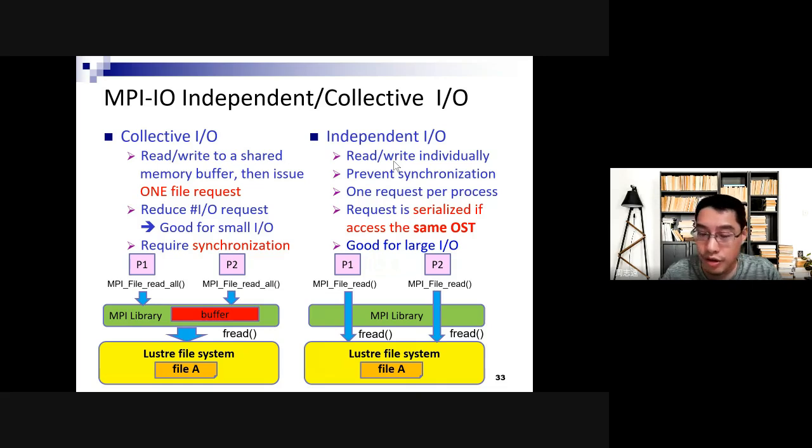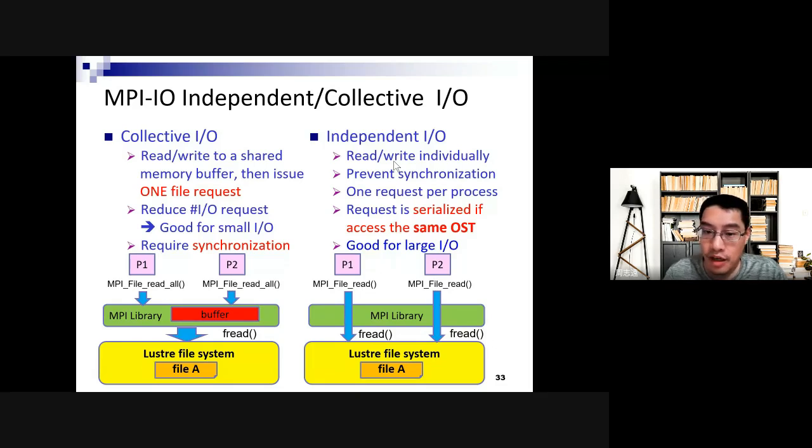In principle, the partitions they read and write should not overlap, because if you write to the same place, then you have a data consistency issue. So when programmers decide the region they are going to write, they need to coordinate between the processes to avoid concurrent data access. So this is independent I/O.